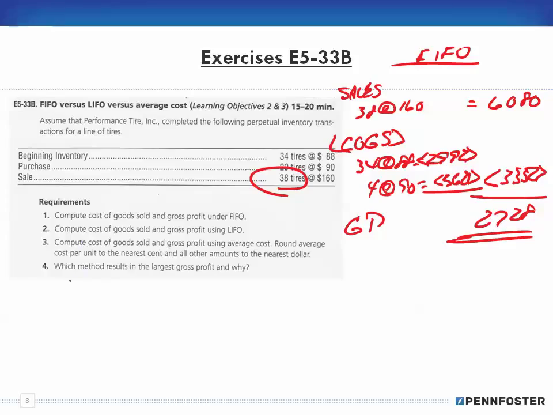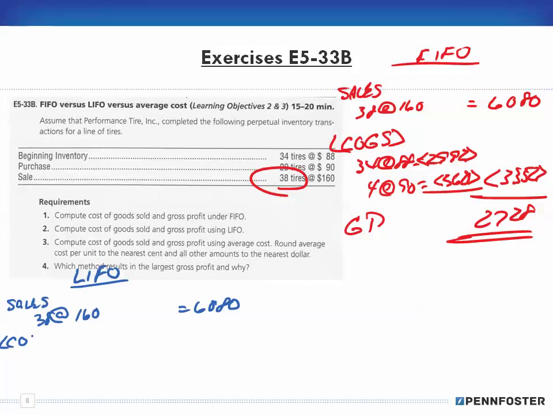Okay, we're going to do the same thing, but we'll do it with LIFO over here. So I still have my sales of 38 at 160, which is going to give me 6,080. That's the same.